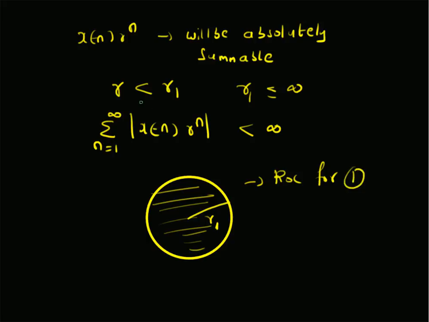Similarly for the second sum, that is summation n equal to 0 to infinity absolute value of x of n divided by r power n, this one will converge as long as this 1 by r power n is a small value and does not become very large with increasing n, or in other words, this ratio does not become too large with increasing n.